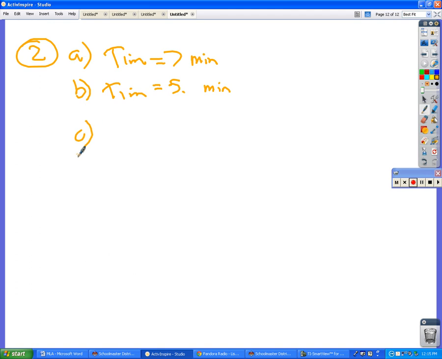Make a convincing argument that Jamal is the fastest runner. He's more consistent. The box.